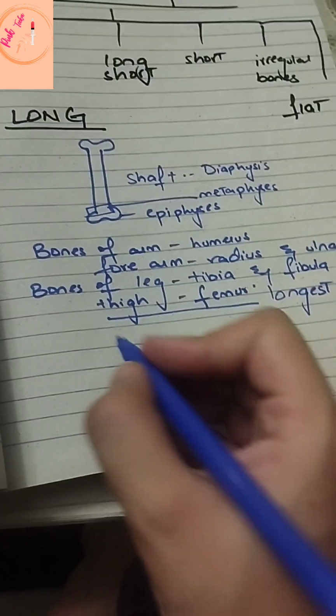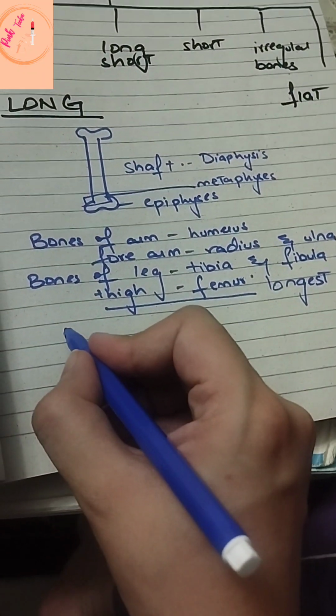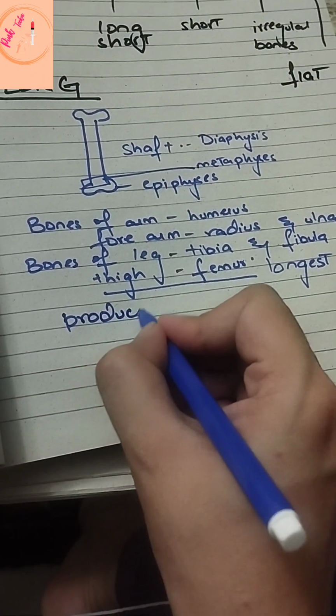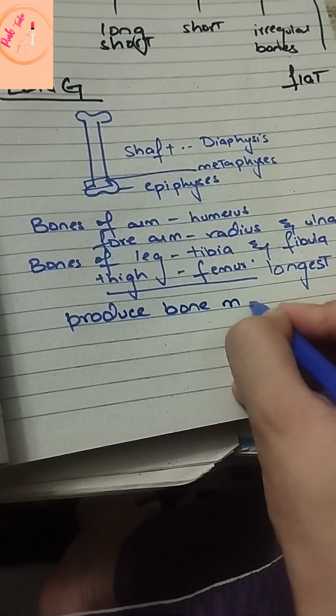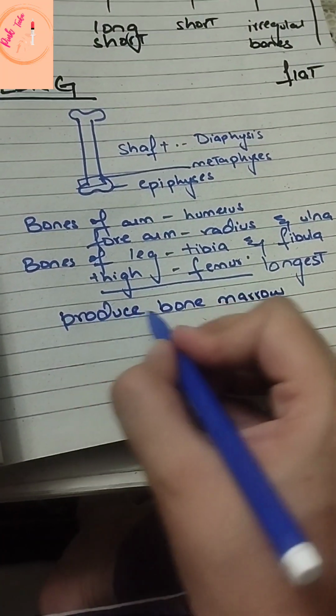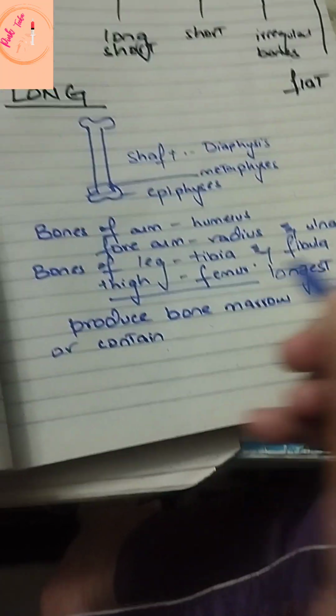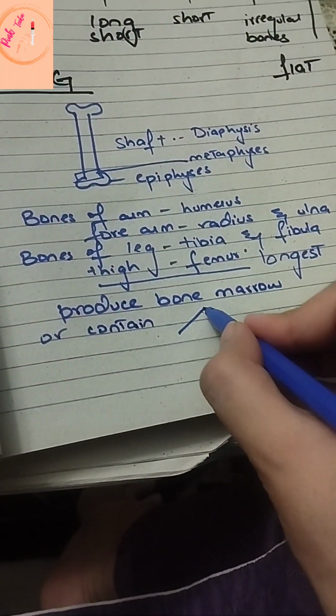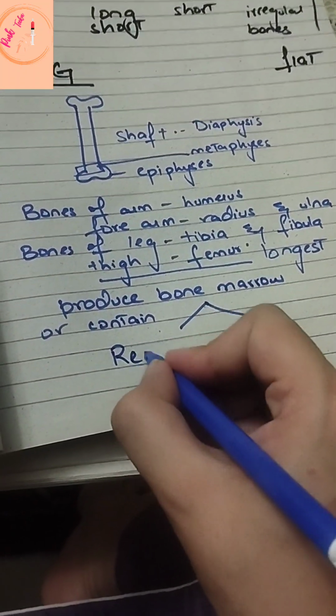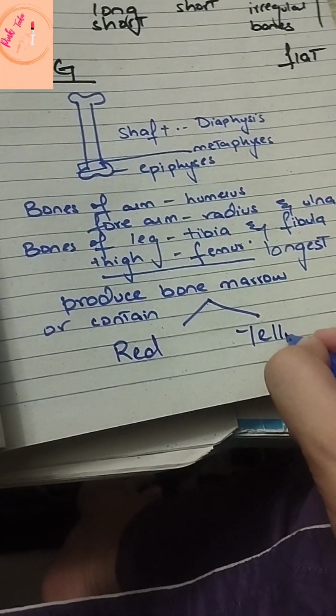You must also remember that long bones mostly contain bone marrow. Now this bone marrow can be of 2 types. It can be red or yellow.